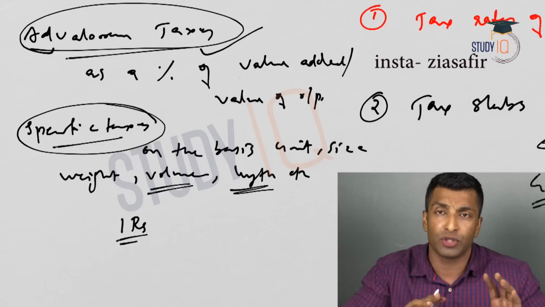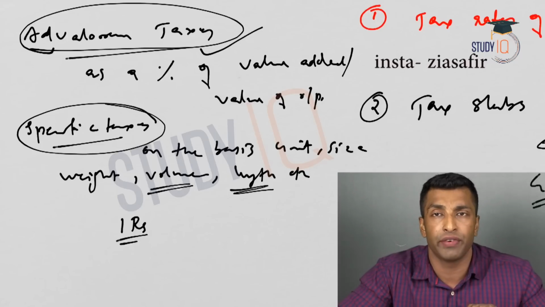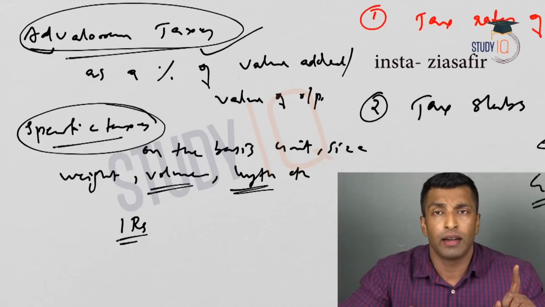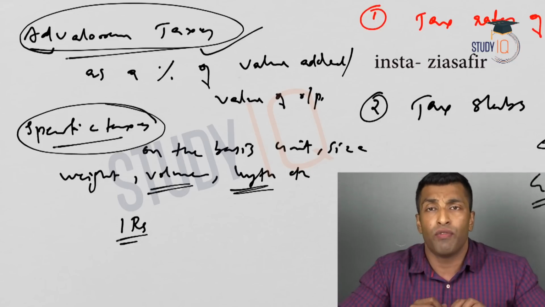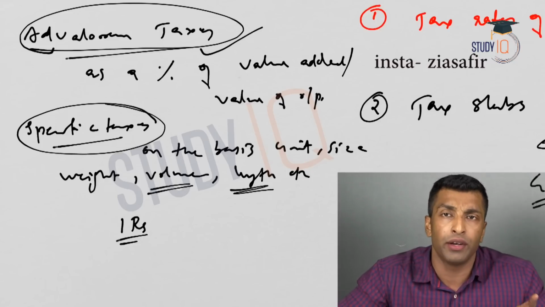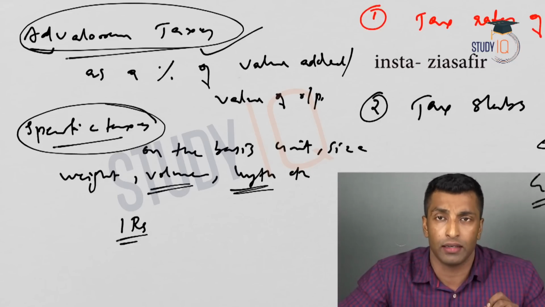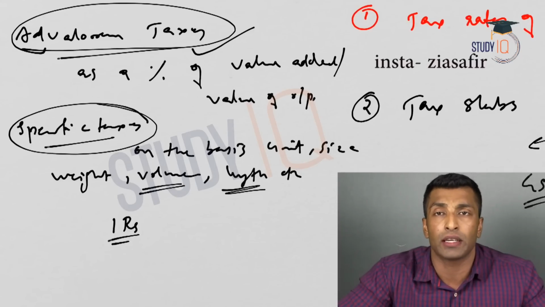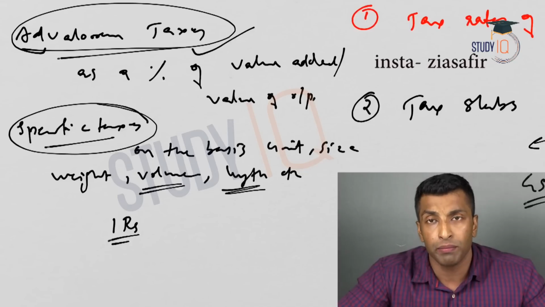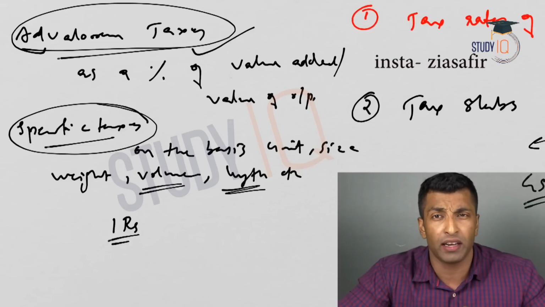So it is good for the government to increase tax revenue if you are following ad valorem taxes. If there is an increase in the goods and services or the value of output, there will definitely be an increase in the revenue collected. So that is the reason why this committee recommended a change from specific tax to ad valorem taxes. I hope this point is very clear.